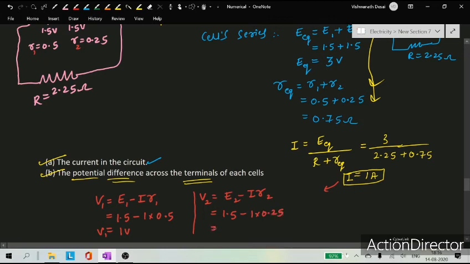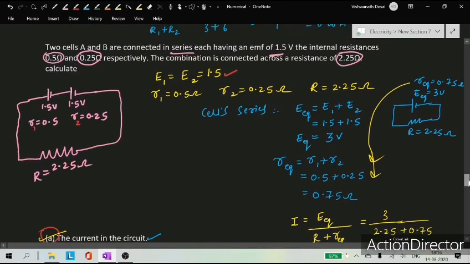So the value you are going to get is 1.25 volt. Okay, so this is what they asked in the question.